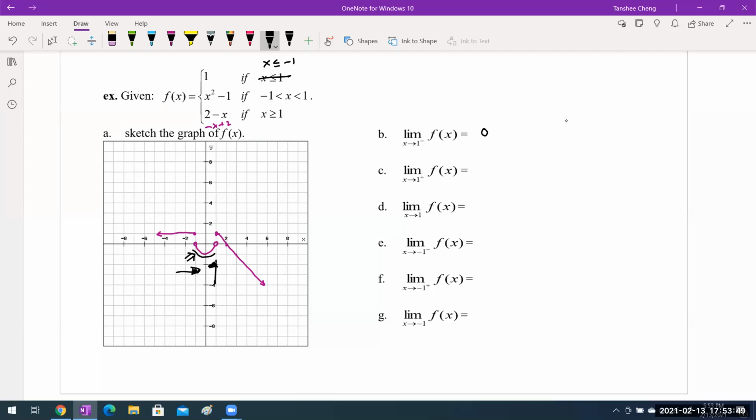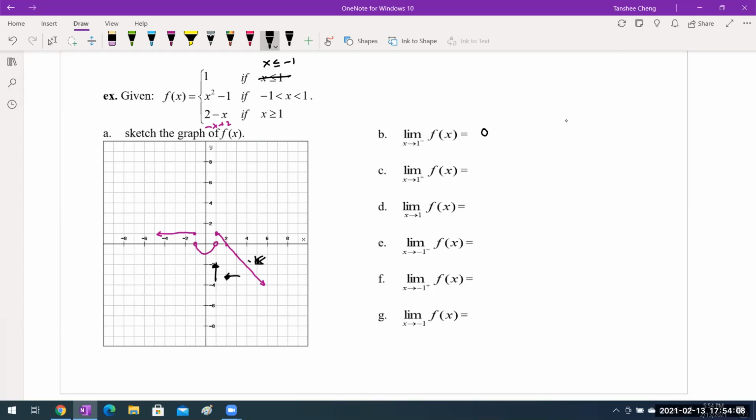And then we want to talk about the next one. Again, the limit as x approaches 1, but this time from the right-hand side. So when we are coming from the right-hand side, we will use this portion of the graph to find out. Okay?